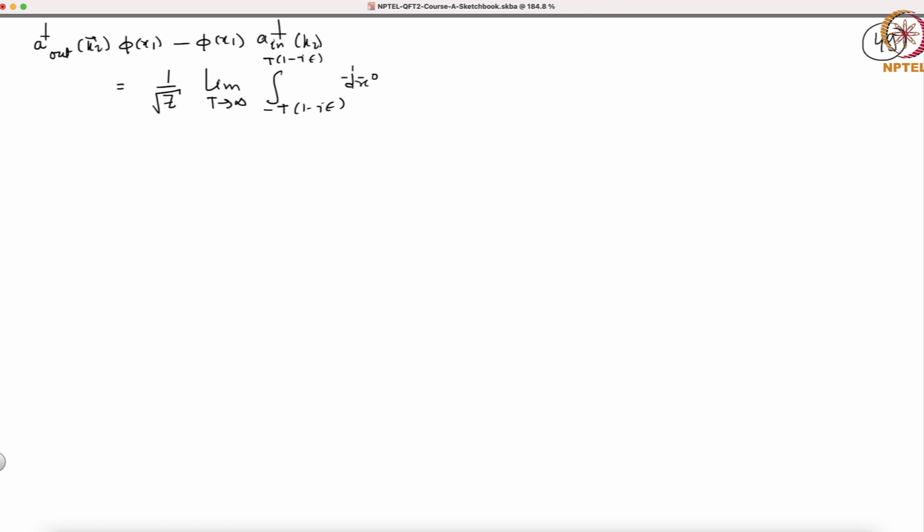So what I have shown now is that a out k2 is equal to 1 over root Z, limit capital T going to infinity, minus T1 minus i epsilon to T1 minus i epsilon, dx 0.